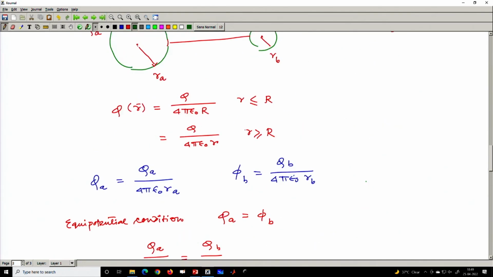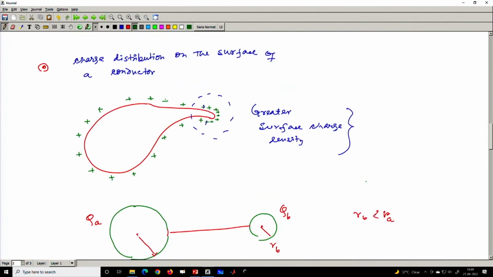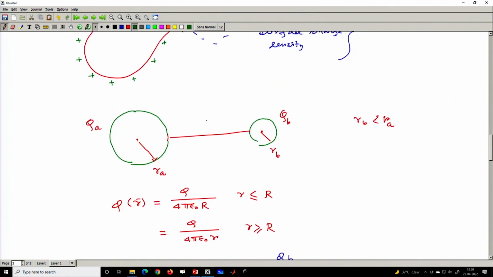In this case you can see the radius of curvature here is smaller, and since the radius of curvature is smaller, it is expected that the charge density will be higher compared to this region where the radius of curvature is larger. If the radius is larger, the charge density over this region will be smaller, and if it is smaller, then the charge density will be larger.